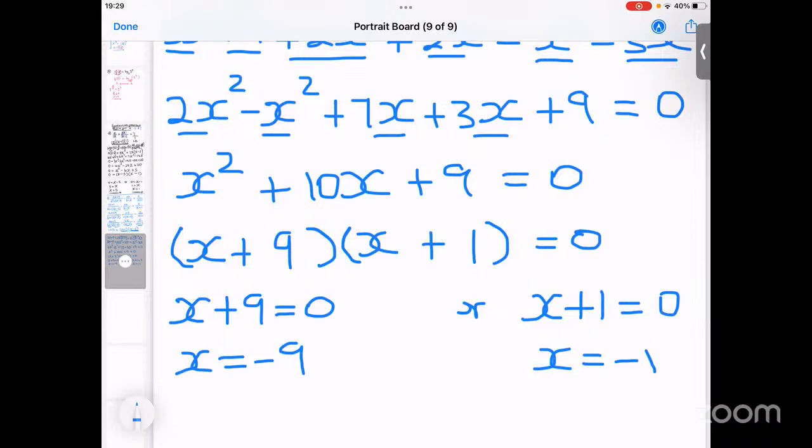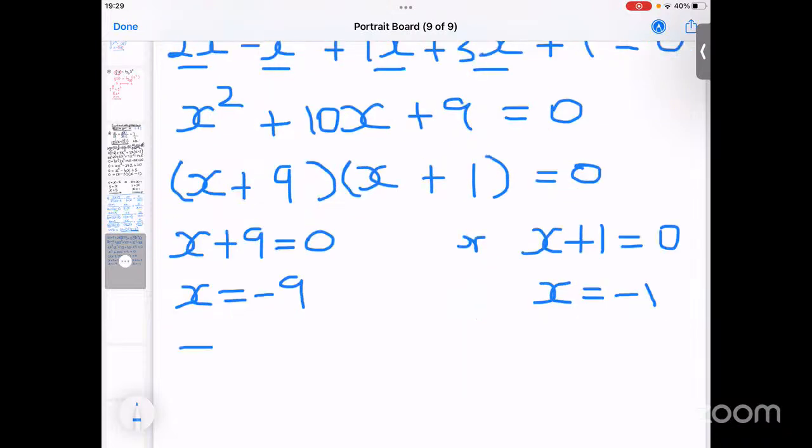So now all that you need to do, you test this answer, you must also test that answer. For example, if when you substitute -1, the left-hand side does not equal the right-hand side, then you can just come and cancel that one, which means x equals -9 is a valid answer, but x equals -1 is not a solution.